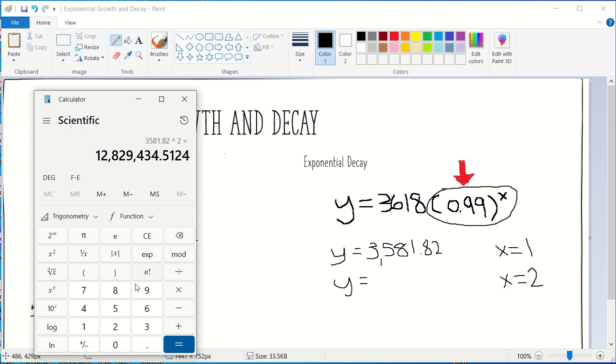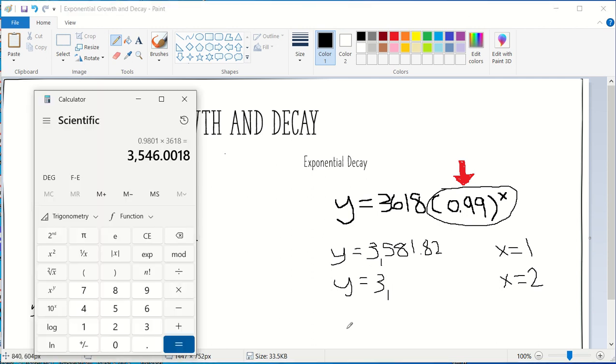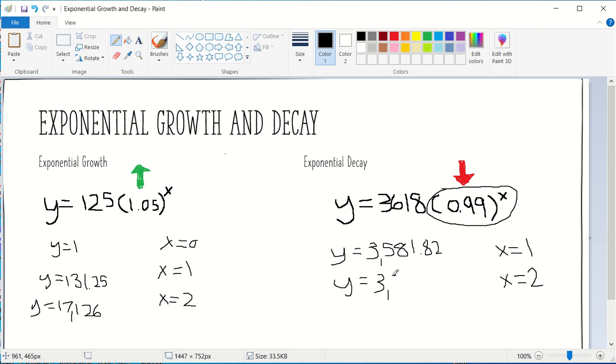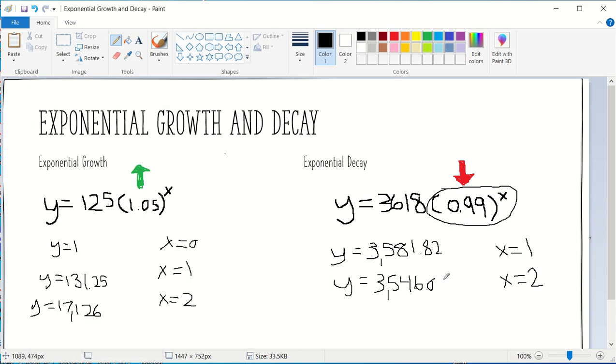So we've got 0.99 to the second power, and take that times 3618, and now it's 3,546. Okay, so what if we made x equal to 3?